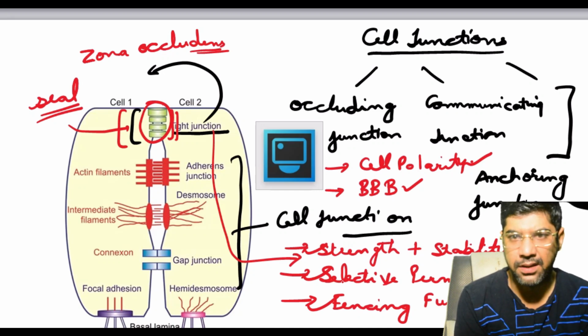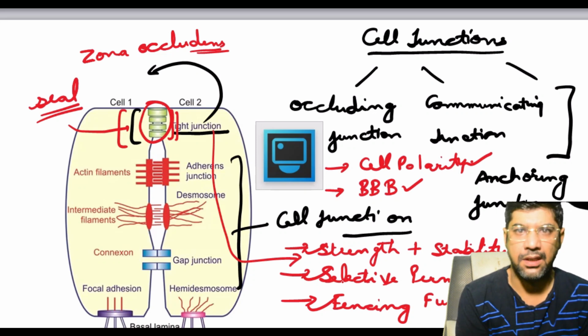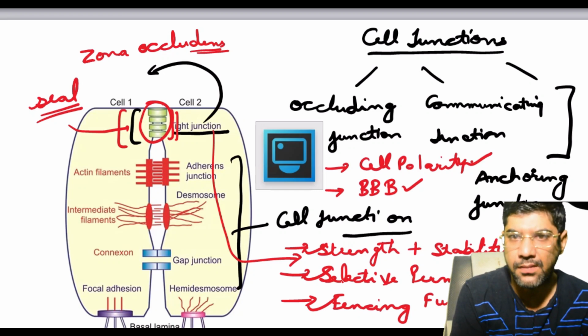We know the brain is our control center and we must protect it from potentially harmful substances circulating in the blood. So the tight junction helps to maintain tissue integrity and protect vital organs like the brain.